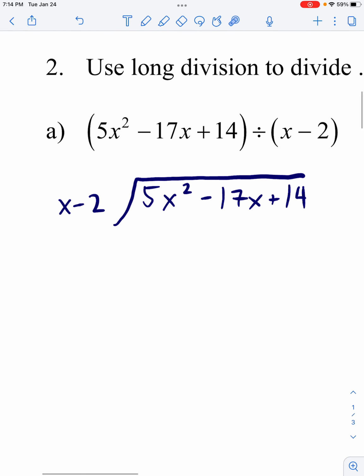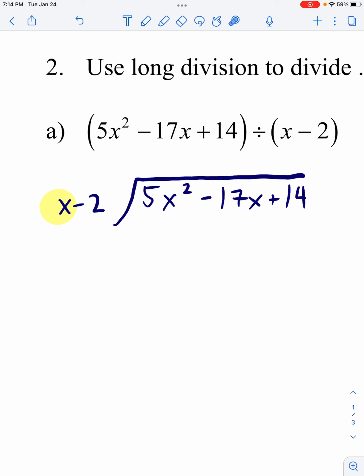So we do the same thing here. You start by looking at your highest degree term, and this is called the divisor, the thing that you divide by, the expression right after the division symbol. We look at the first term in the divisor, and then we look at the first term in our dividend, the polynomial on top that gets divided.